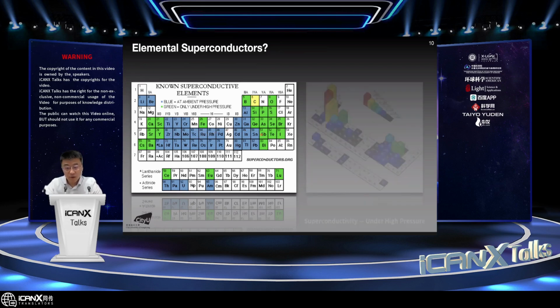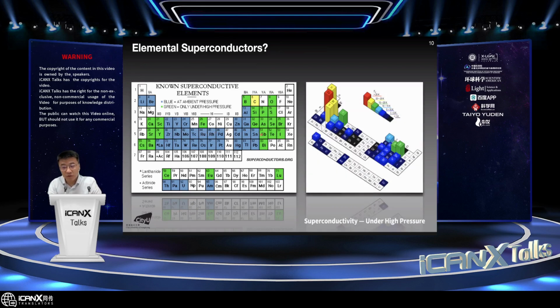Some of them, although not superconducting under ambient pressure, become superconducting under high pressure. Overall, the superconducting properties of all these elemental superconductors can be well described and captured by what we just said, BCS theory.